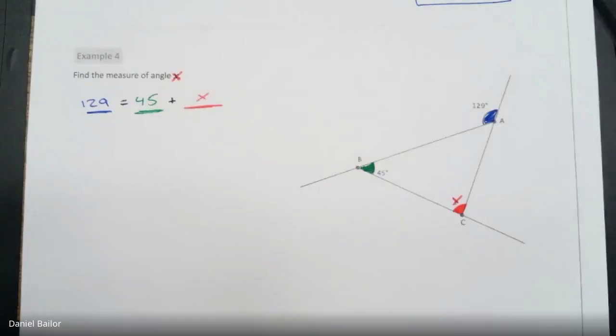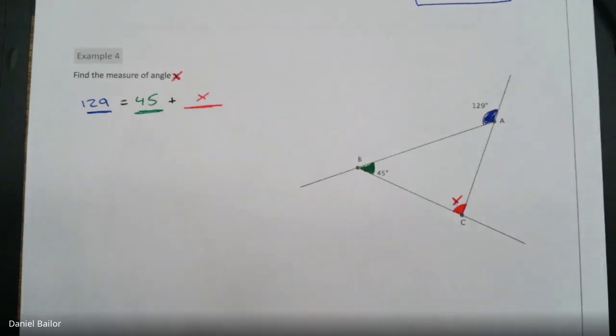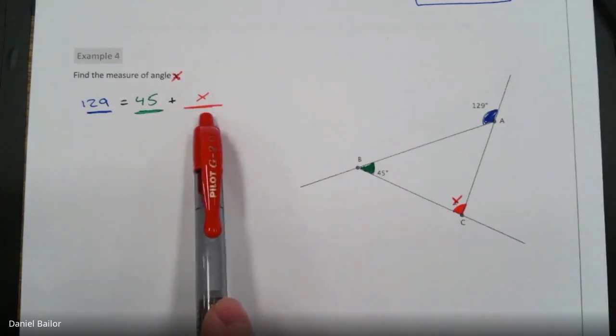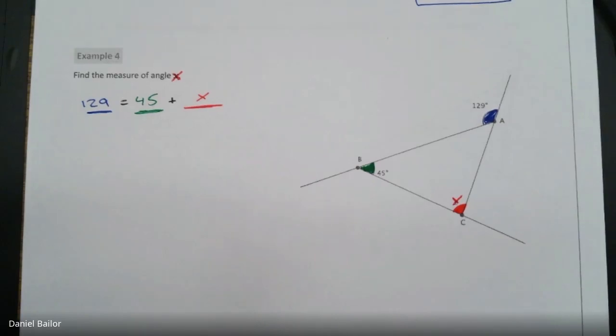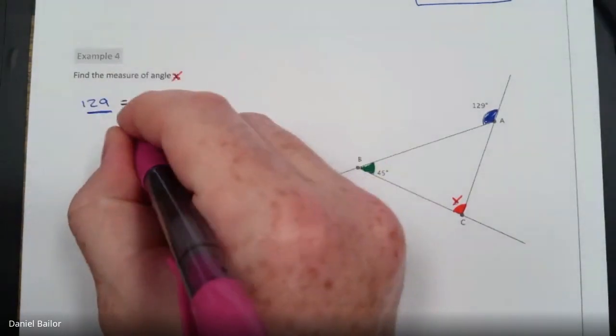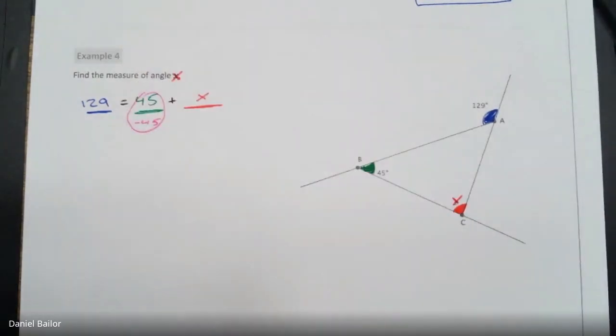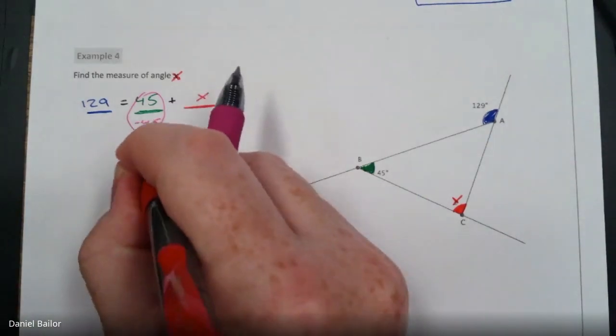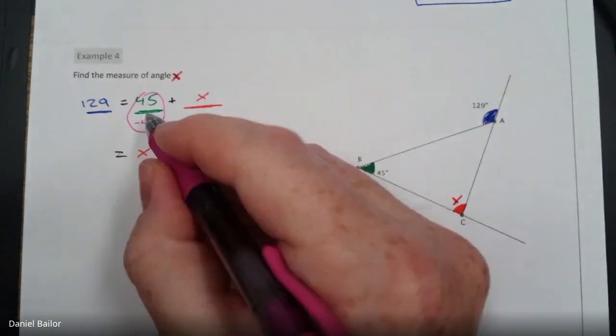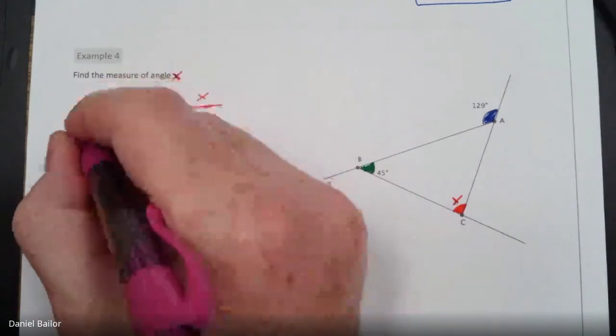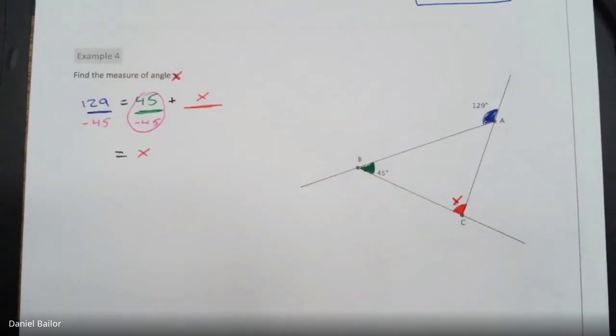And now we just have to use the algebra to find what x is. So we know 45 plus something makes 129. So to get the x by itself, remember, I just do minus 45 on this side because that makes a 0. And then I get the x all by itself. But if I do minus 45 on this side, I have to do minus 45 on that side.